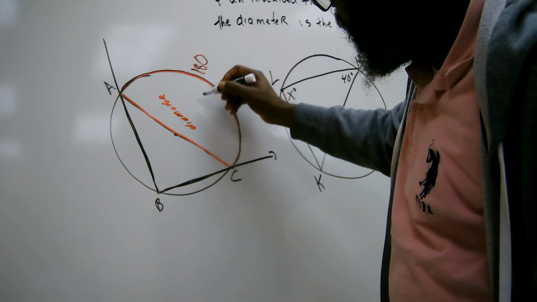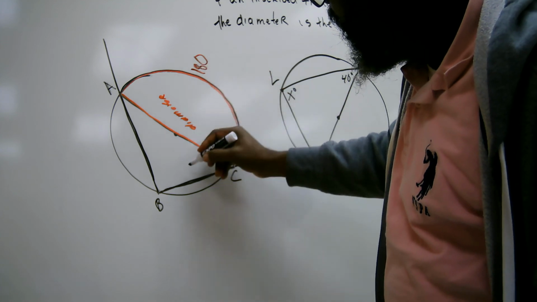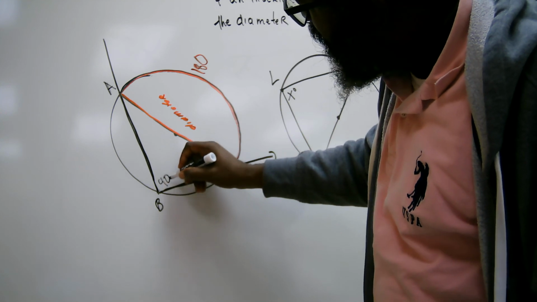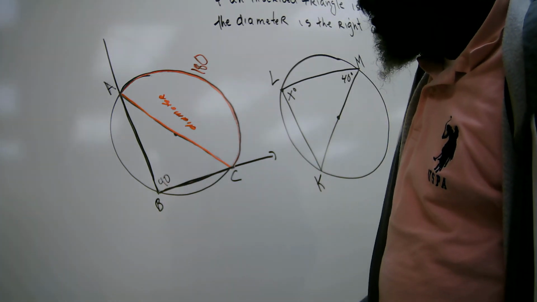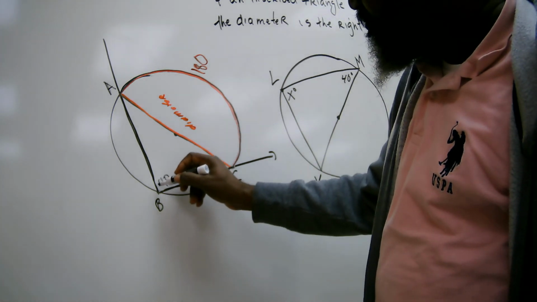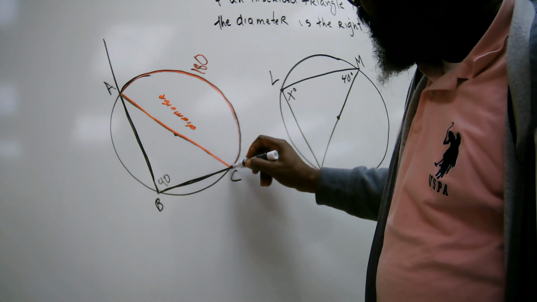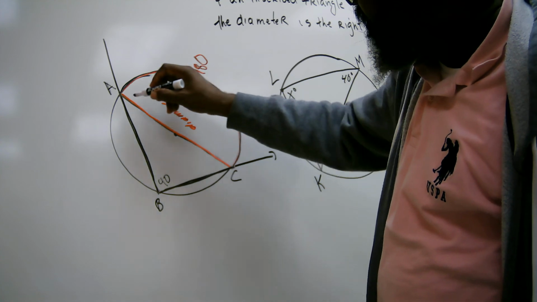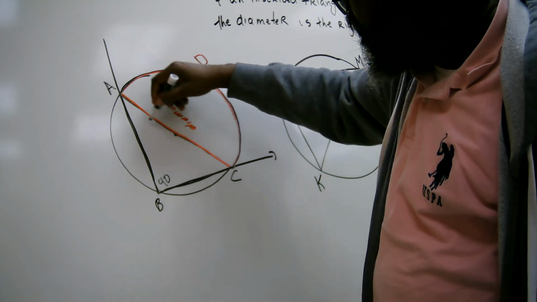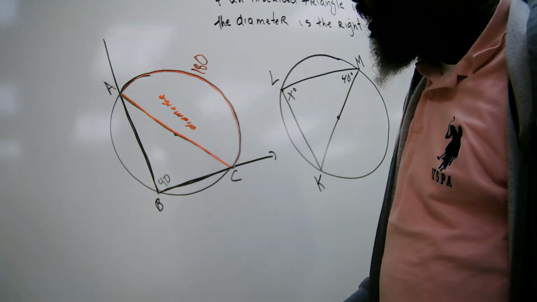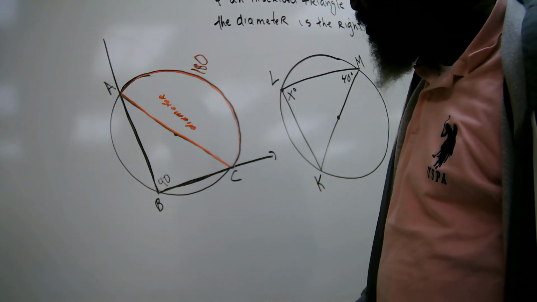So the inscribed angle has to be half of the intercepted arc. Half of 180 is 90. Therefore, this is a right triangle. This is telling you that if you have an inscribed angle and the intercepted arc is a semicircle, then the hypotenuse is the diameter of the circle. So we conclude that the hypotenuse is the diameter of the circle. This is indeed a right triangle.